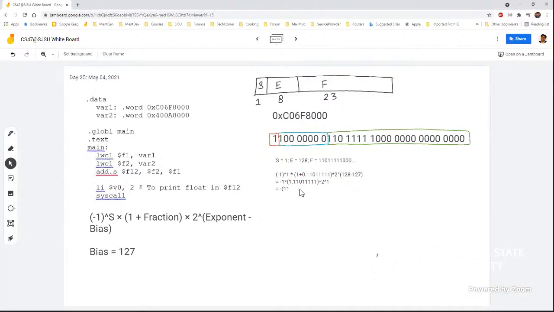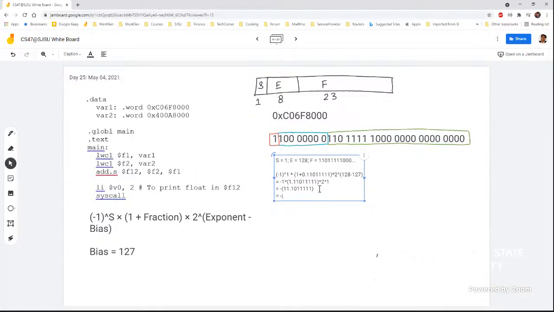So that's what is being done here. So this becomes 1 1 dot 1 0 1 0, then 1 1 1 1 1. This is in binary. Now what is the corresponding decimal value?